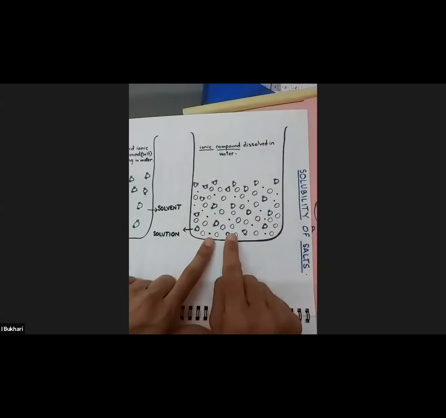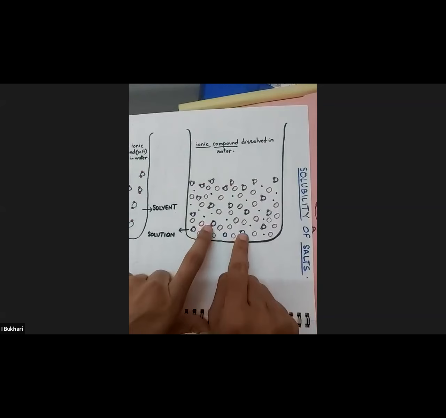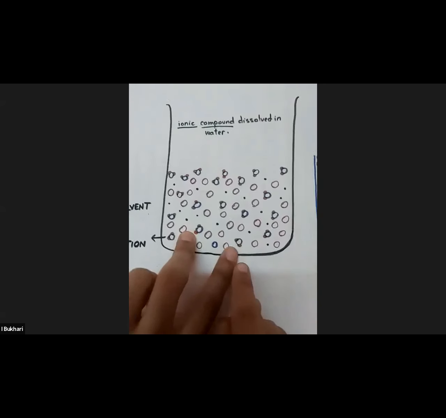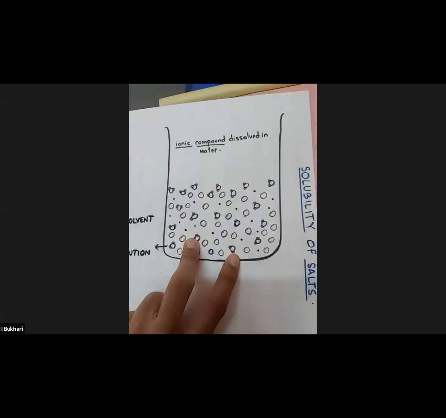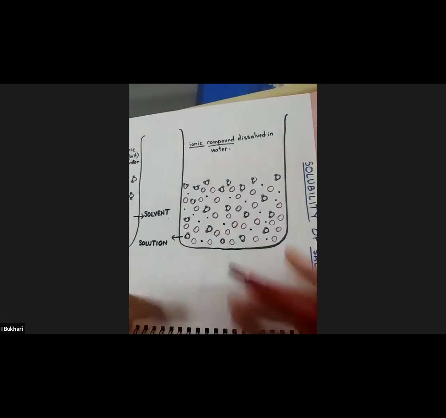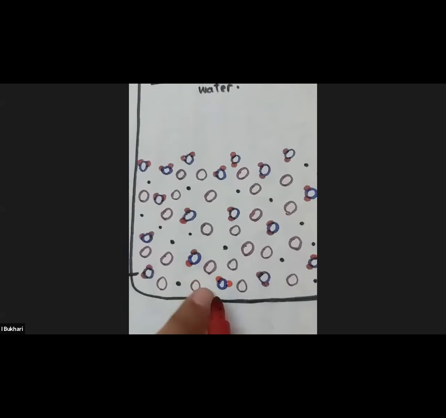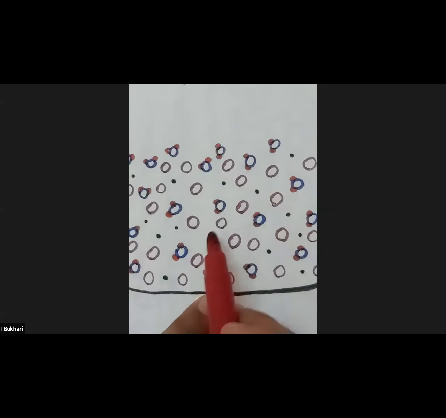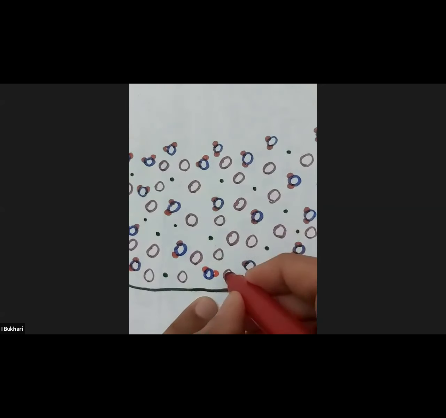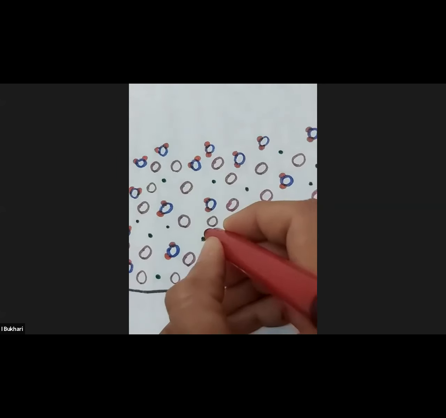You can even look at this diagram. Can you see these are the water molecules? In between these water molecules are these cations and anions, right? This is an anion and this is a cation.